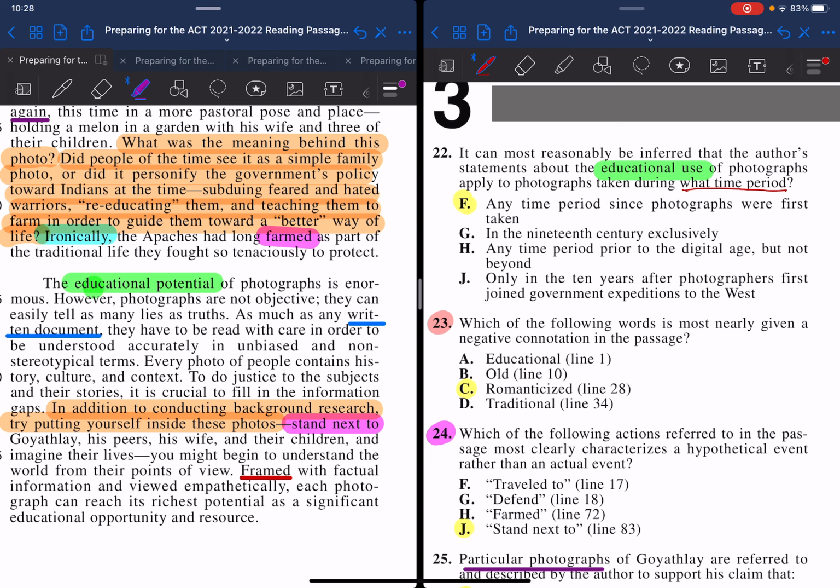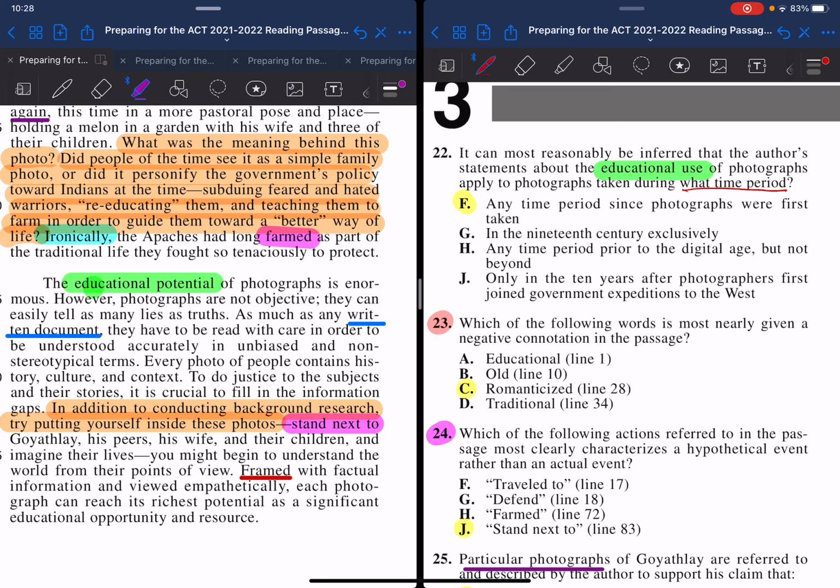So the word rifle allows us to zero in on this paragraph, but you can't just read the one sentence that it's in, you have to read around it. And so the key thing right here is that it says he was a prisoner of war. So that's why letter B is the answer.